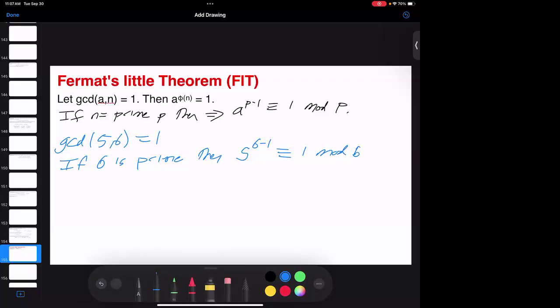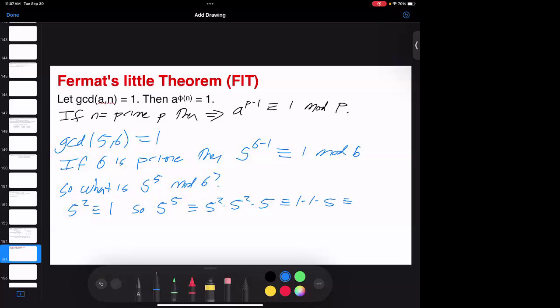Six minus 1 is 5. So what is 5 to the 5th mod 6? What's 5 squared? 25, which mod 6 is 1. So 5 to the 5th is 5 squared times 5 squared times 5, which is equivalent to 1 times 1 times 5, which is equivalent to 5 mod 6.